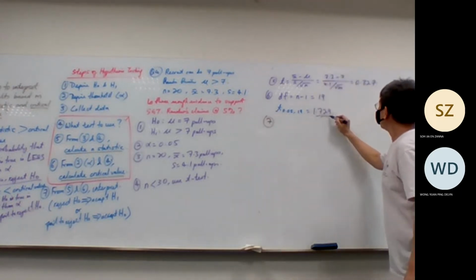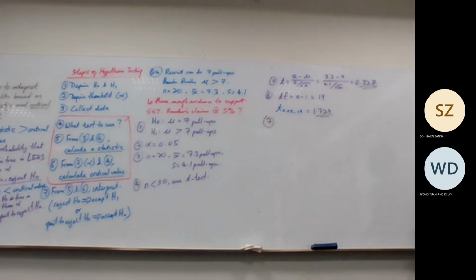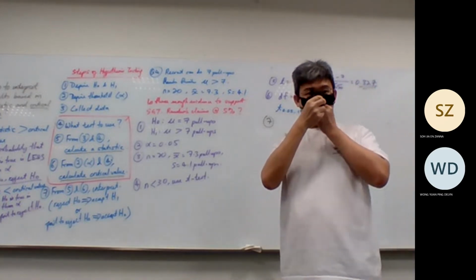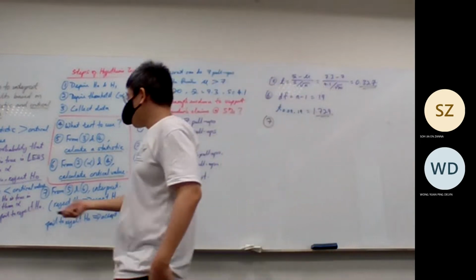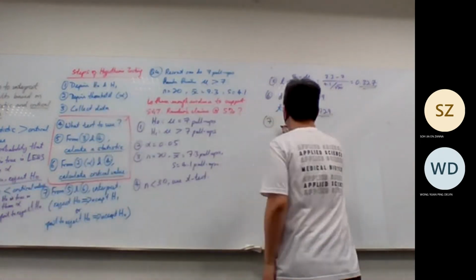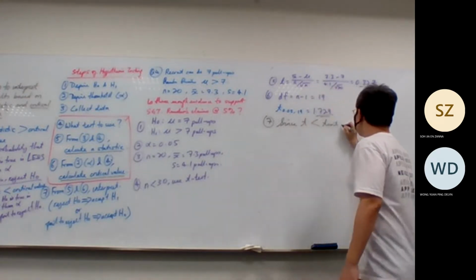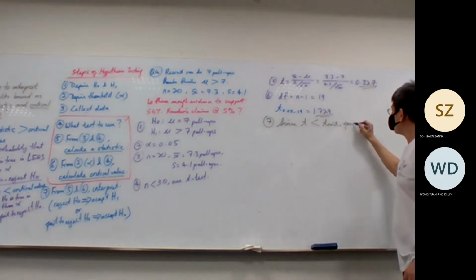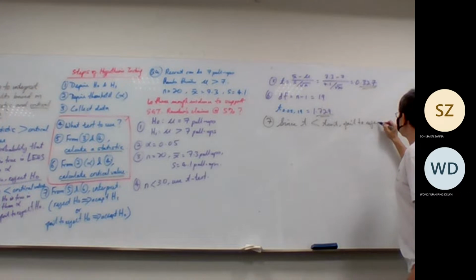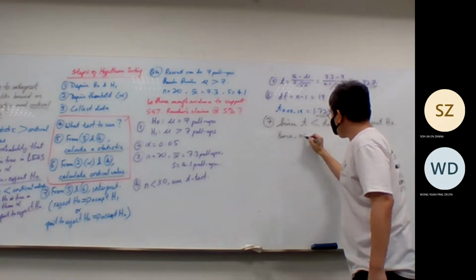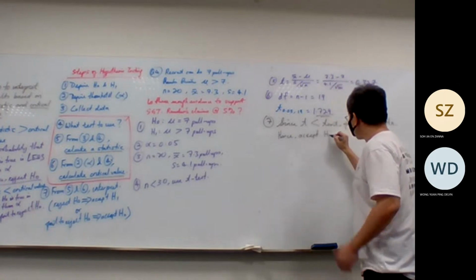Based on this, what is the interpretation? Do you accept or reject the null hypothesis? Fail to reject, correct? Because the T statistic is less than the T critical value, you fail to reject the null hypothesis, and you accept the null hypothesis.